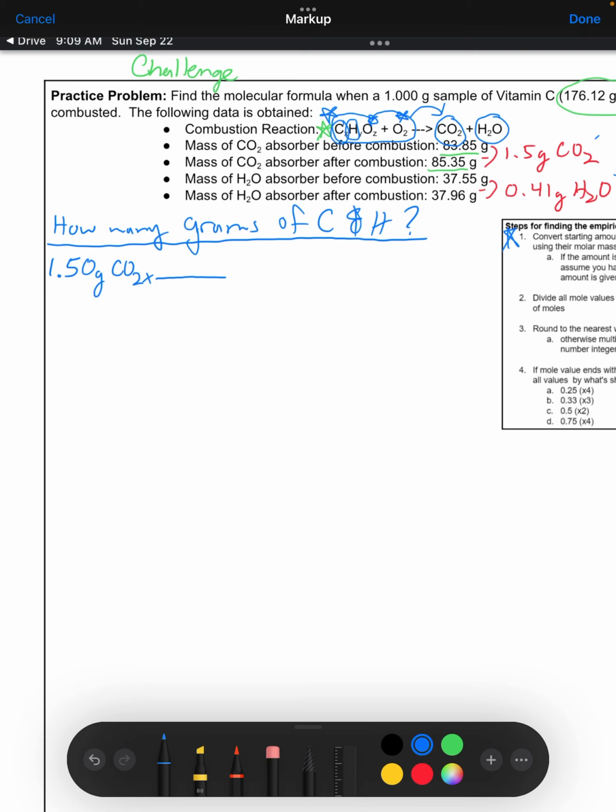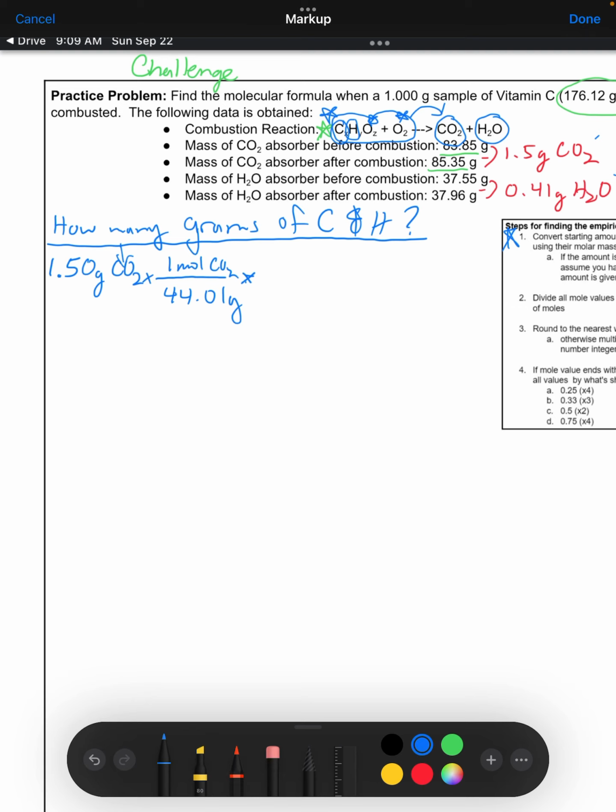So I'm going to convert my grams of carbon dioxide into moles of carbon dioxide, and then I'm going to use some molar equivalencies found within this compound to figure out carbon. So just go with me here. I can figure out, using the periodic table, that 1 mole of CO2 weighs 44.01 grams, and that is going to convert me into moles of carbon dioxide.